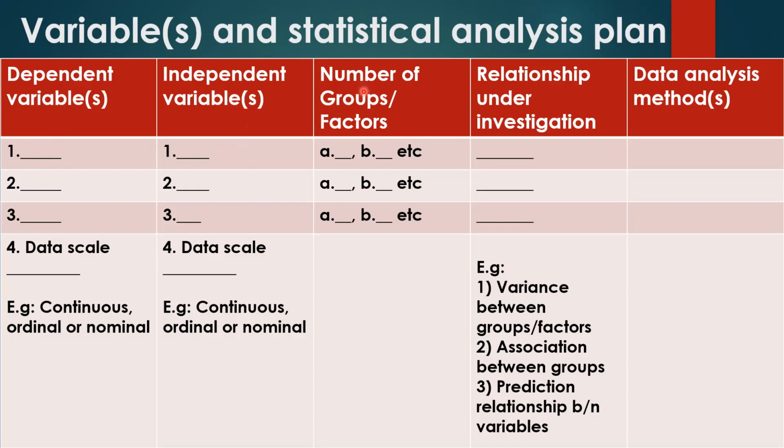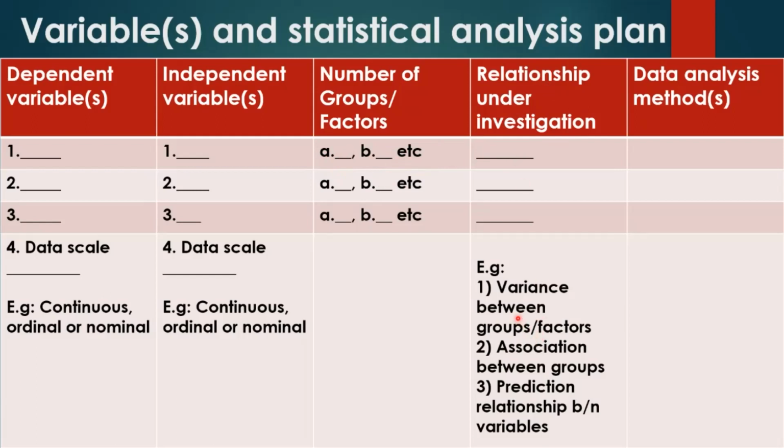Then the next thing that you need to look at is the number of groups or factors. For each independent variable, it must have groups, either 1 group, 2 or more. So you identify the groups in your independent variable and list them. Then after you've listed the groups, what relationship do you want to investigate?